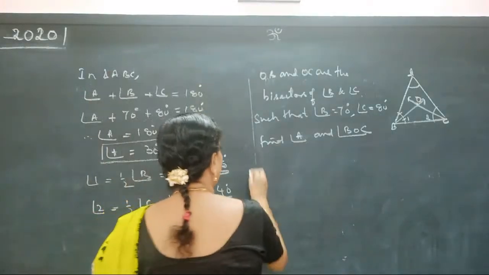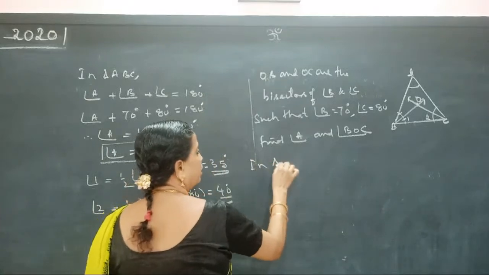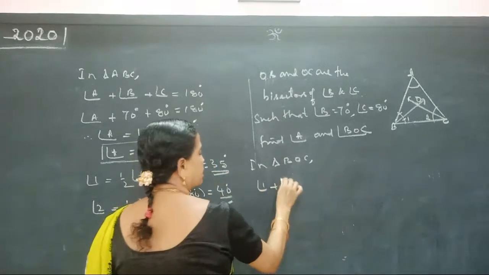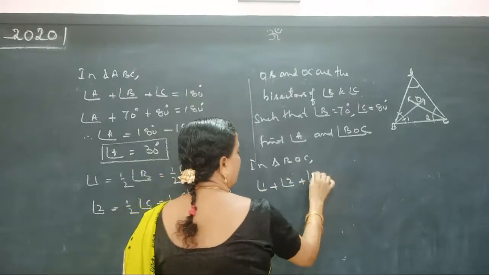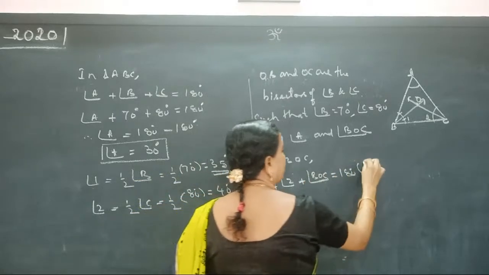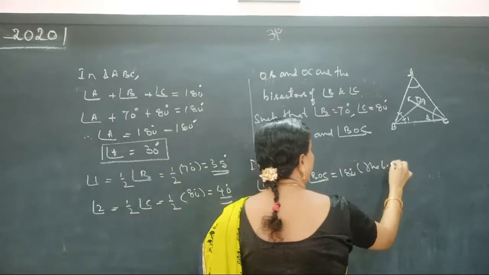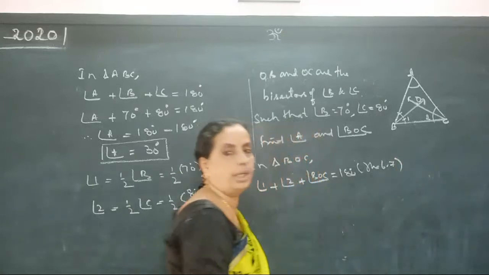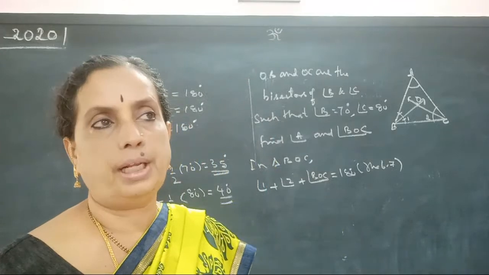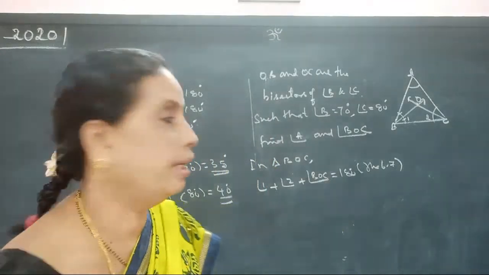Now again consider triangle BOC, angle 1 plus angle 2 plus angle BOC equals 180 degree. According to theorem 6.7, the sum of the three angles of a triangle is 180 degree.